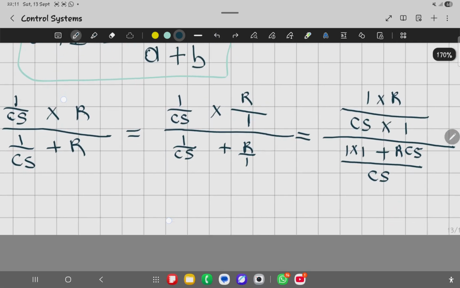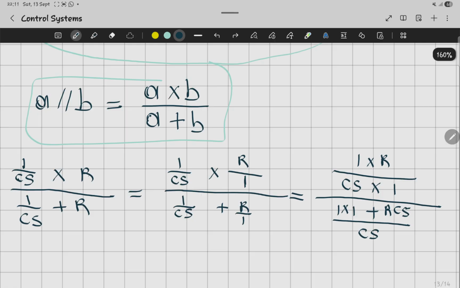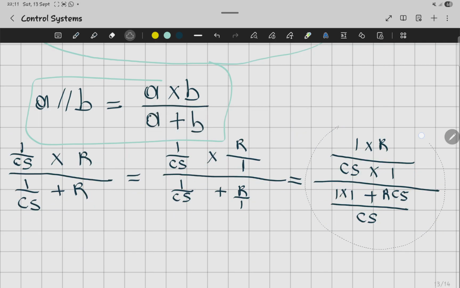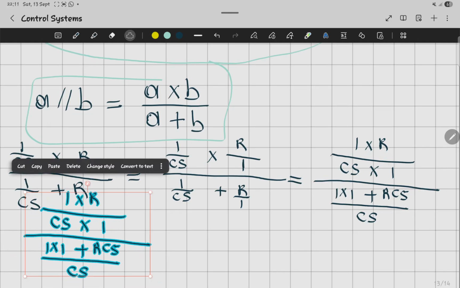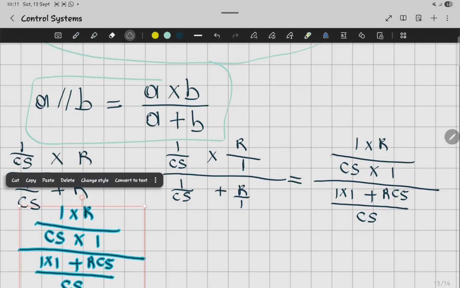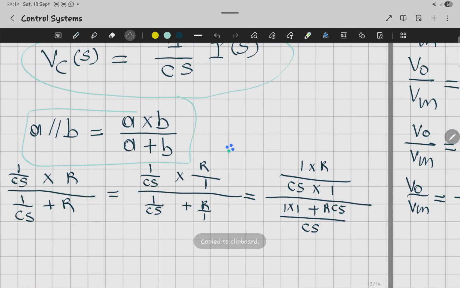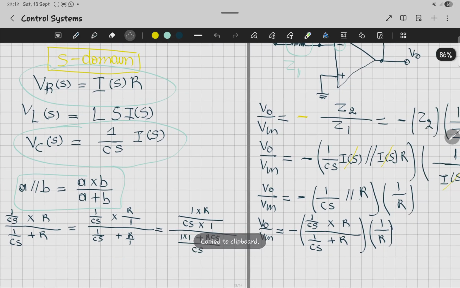Then I'm just going to copy that section, because I feel like it's just extra work to rewrite the whole thing. Let's just keep it the way it is. Let me make some space before I continue, because I feel like I'm running out of room.